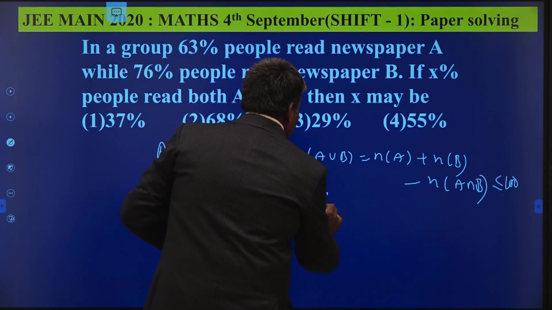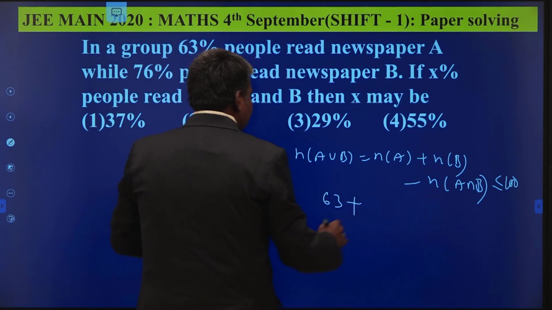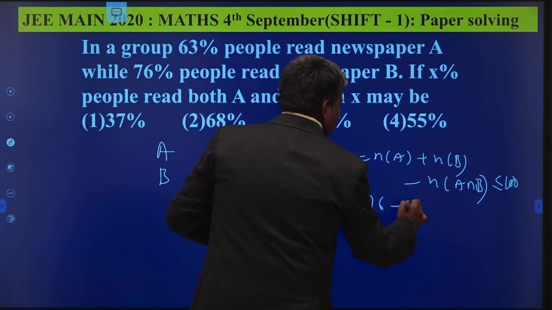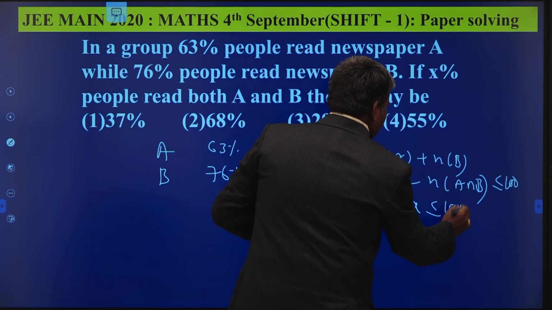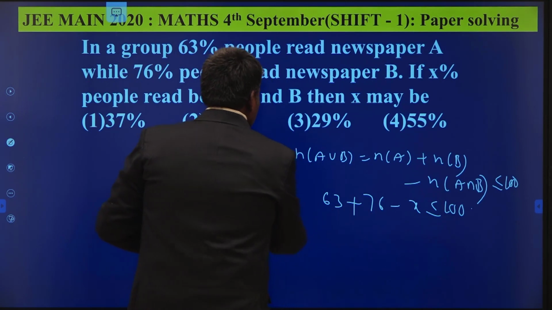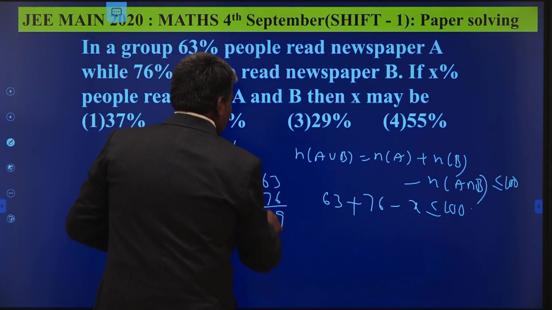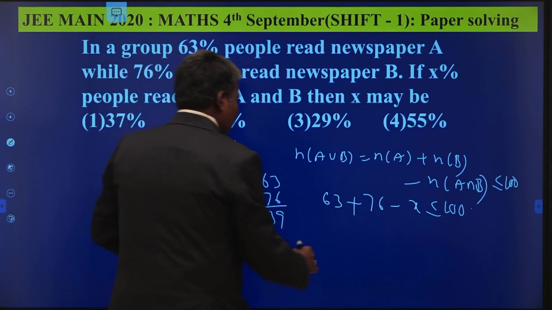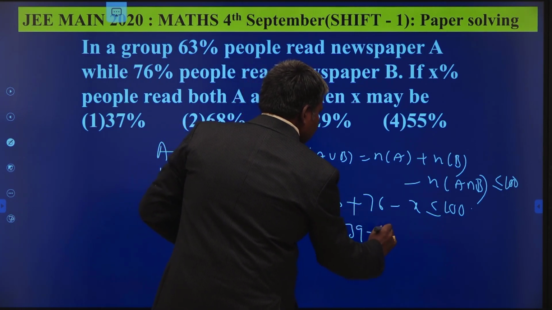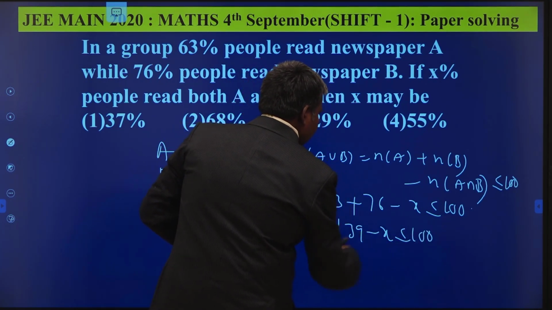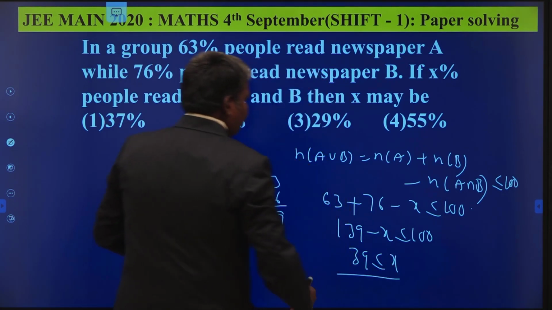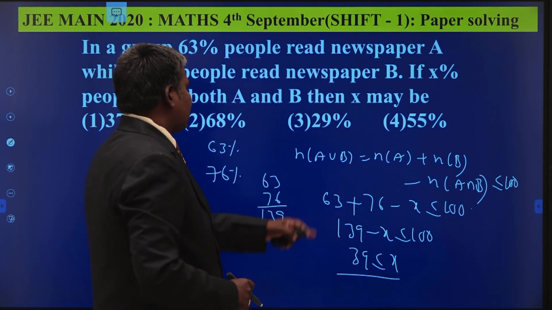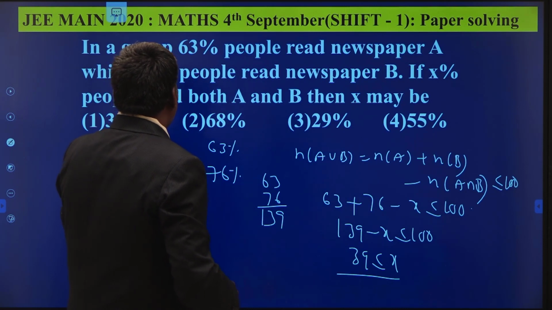So 63 plus 76 minus, suppose this is X, given X% is there, less than or equal to 100. So 63 plus 76, this is 139. So 139 minus X is less than or equal to 100. So 39 is less than or equal to X. So the minimum value of X is 39 and maximum is what?